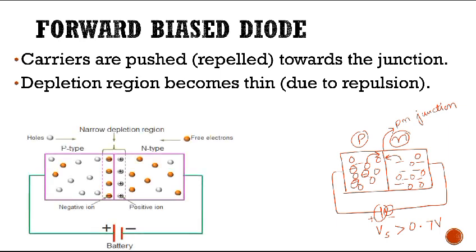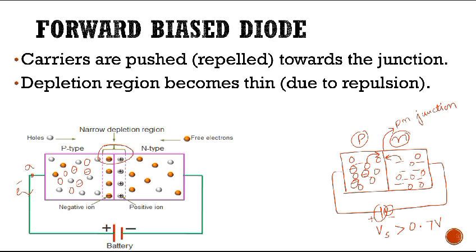Now, look at this figure. As you can see, this depletion region becomes thin. Now, suppose this is point A. When electrons from this P region leave this point A in the circuit, then new holes appear in the P region.